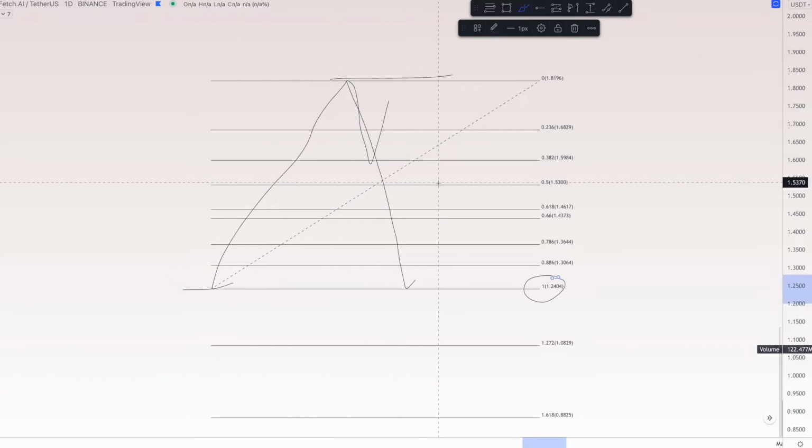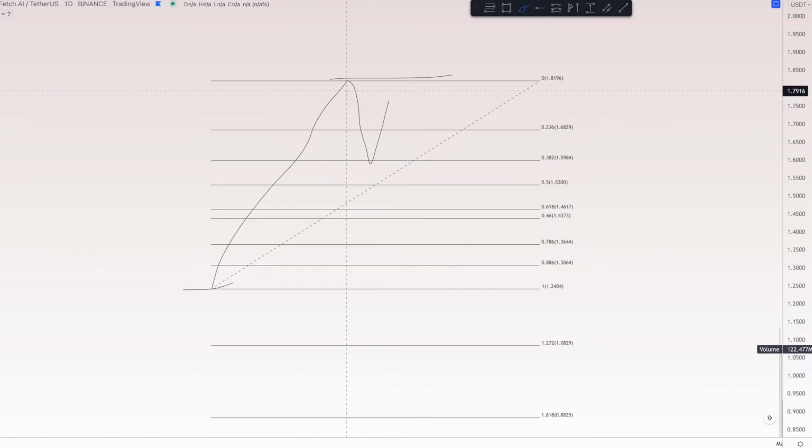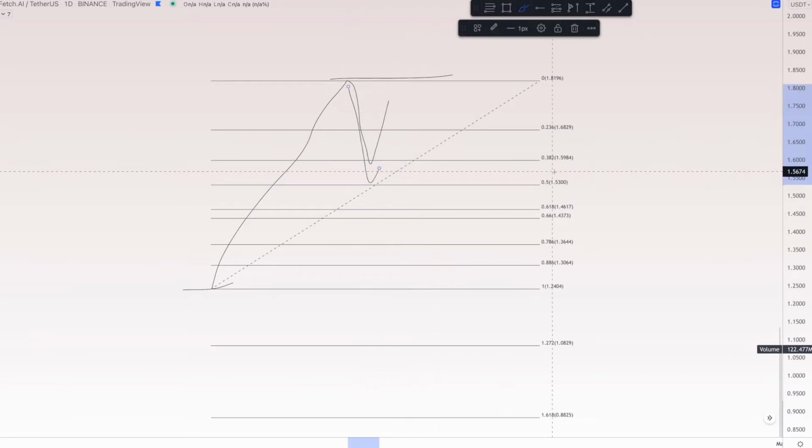So it's very easy actually. When you go to the 0.5, that just says 50% of the previous impulse has been retraced. So like I said, it's not that hard. It's actually pretty easy. It's just easy metrics and math.